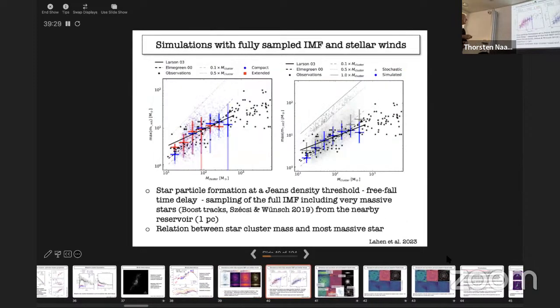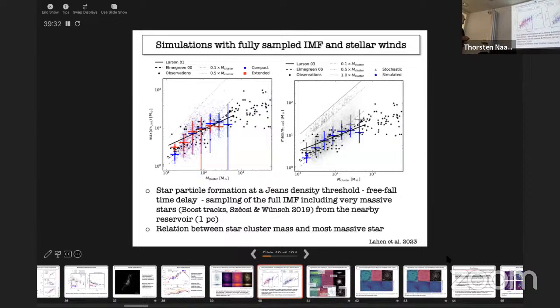And one of the nice things about this way to implement star formation is that we kind of recover the relation between the mass of the cluster and the most massive star. Observations are the stars here. If you had a fixed ratio, you would have lines like this. So this means that at some point, you tilt over, okay?